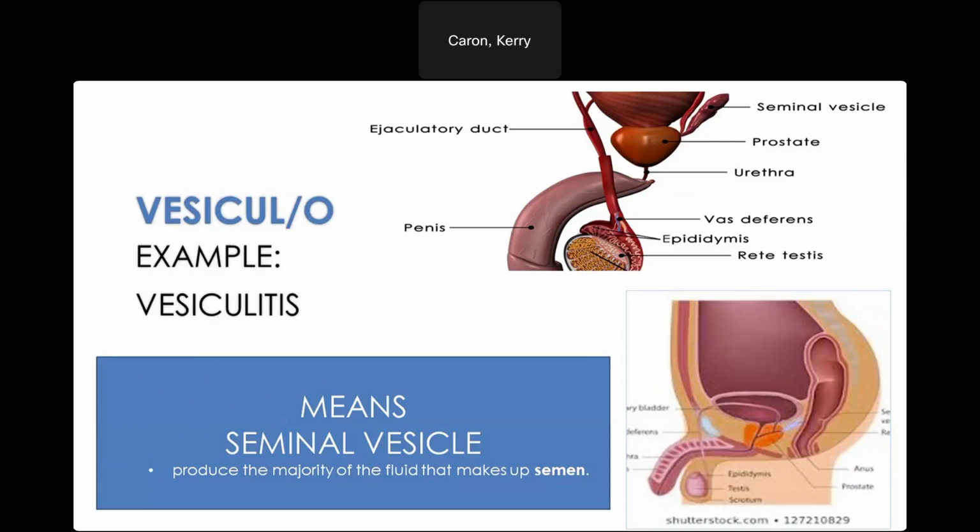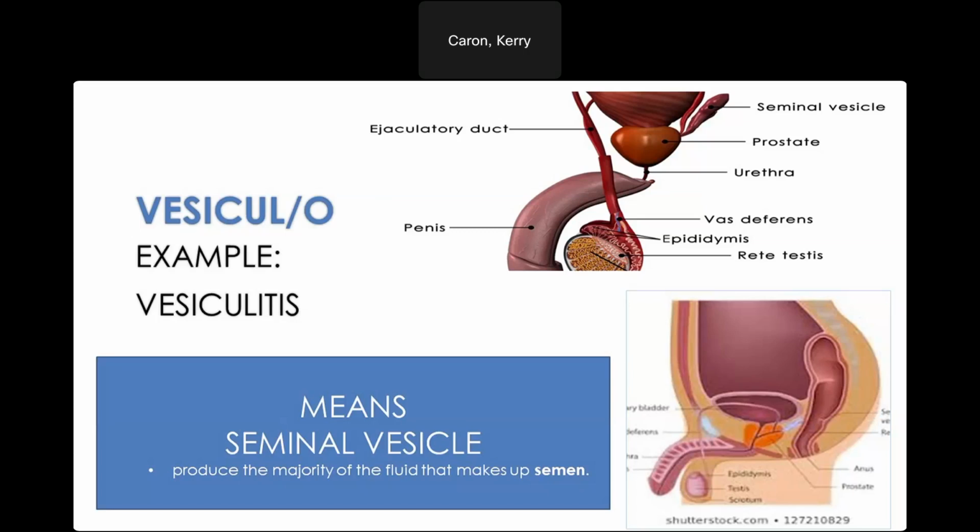Vesiculo is talking about the seminal vesicle. So the seminal vesicle is another gland-like organ that produces a lot of the fluid that makes up semen. So you have the testicle producing the sperm. The epididymis is storing the sperm and maturing it.